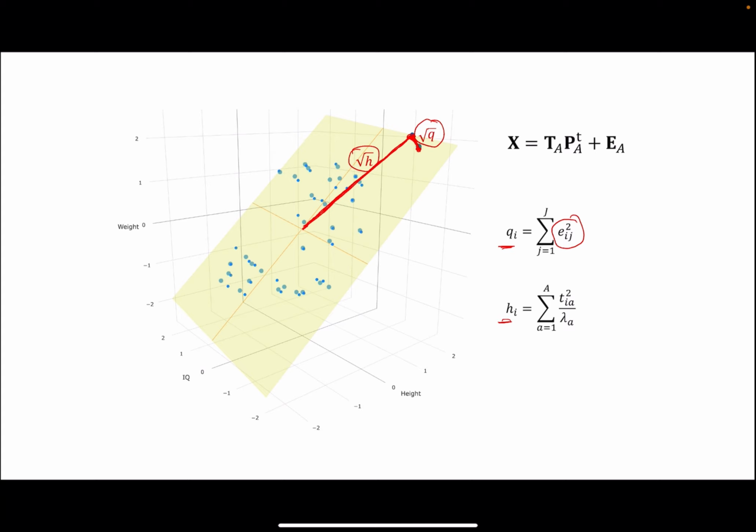How big is it? So you can see that when we want to compute the orthogonal distance, we simply take a sum of squared values along rows of matrix E. And then when we compute the score distance, we take this matrix T. And first of all, we standardize columns of matrix T to eigenvalues. It's a variance of scores, right?